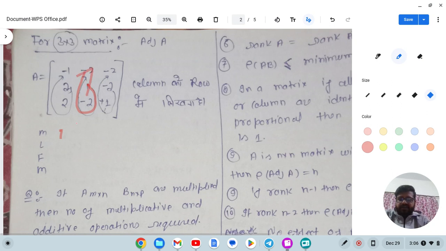First we will write 1, then 2, then minus 2, and then again we write 1. In the same way we come to this column, and again write this column here: first, second, third and fourth.